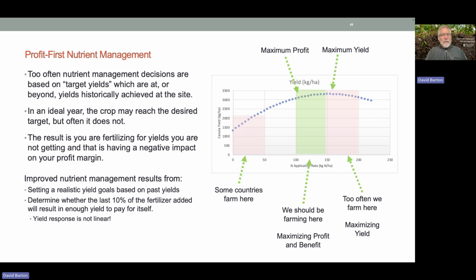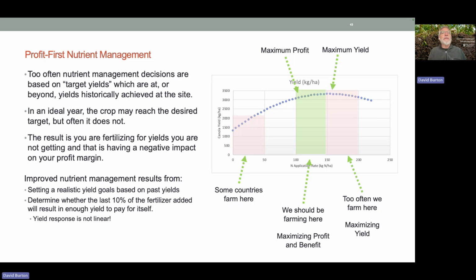One of the last concepts I want to really emphasize, and I've referred to this already, is that we really should be making our nutrient management decisions on a profit-first concept. Our goal should not be maximizing yield because that's often not profitable.